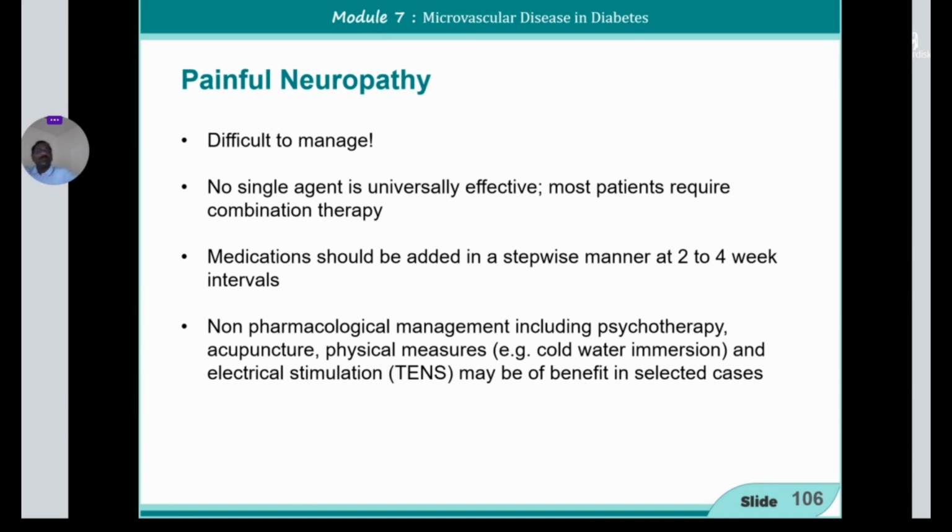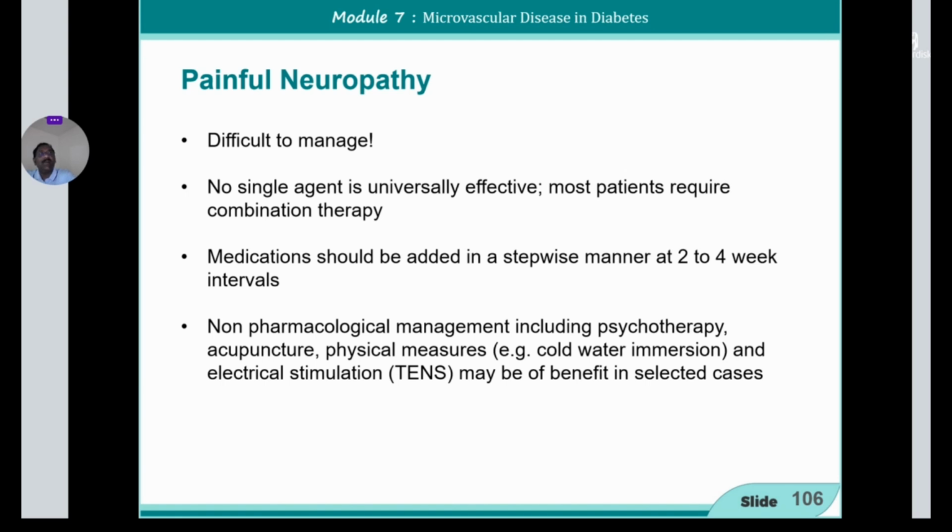Painful neuropathy is difficult to manage because we have some drugs in our hand like tricyclic antidepressants, we use gabapentin, pregabalin, and also carbamazepine, etc. But very few people will get the benefit.